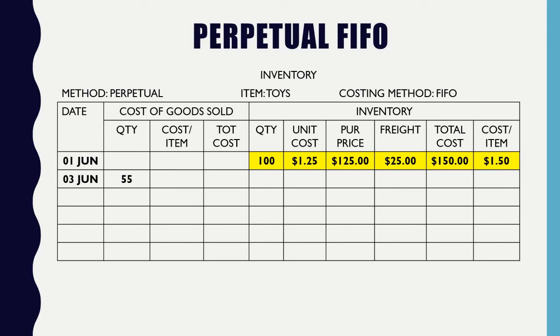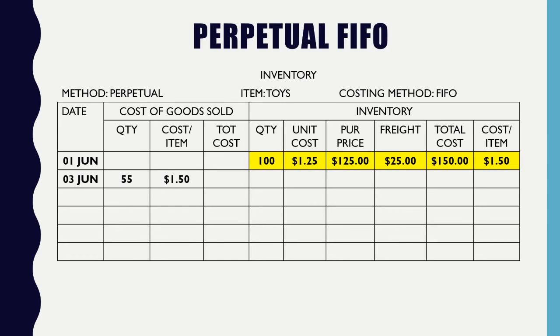I only have 1. What is the cost per item? How much did it cost me? And every item I sell from this batch, how much is it going to cost? So we're going to take this cost per item of $1.50, and pop it right into my cost per item section, and we're going to calculate now.